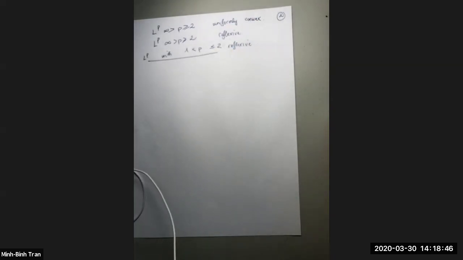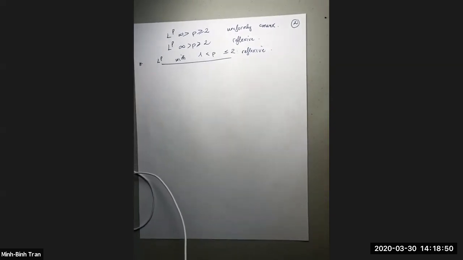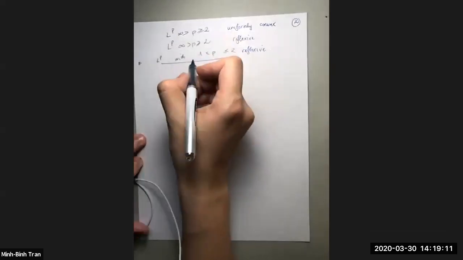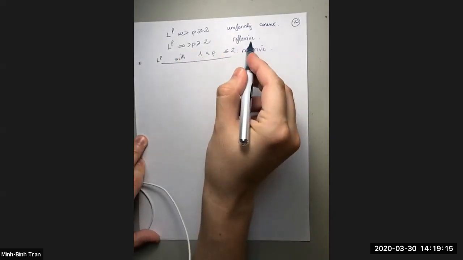All right. So how do we show this kind of thing? This is also complicated, but let us try to show that. At least once in your life, you should see the proof, and then later on you can use it without proving it. So now I'm going to consider L^p, and I'm going to show that this is reflexive.